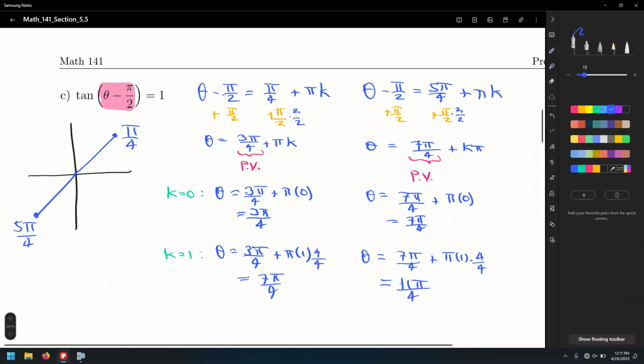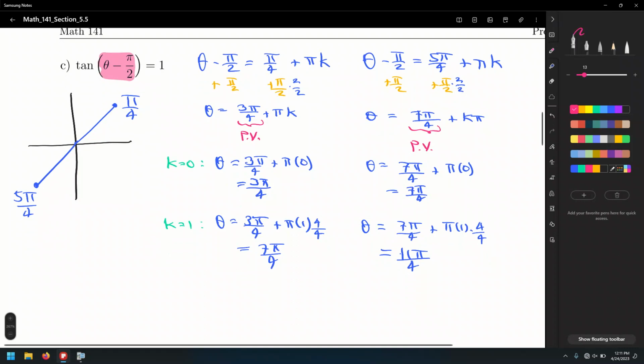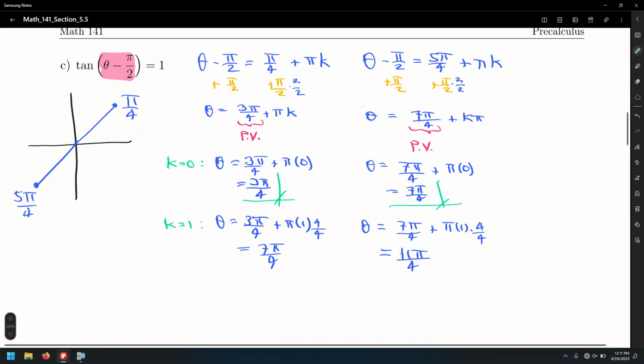So let's stop here and assess the results. Number one, 3 pi over 4 and 7 pi over 4, those are two values within the interval 0 to 2 pi. So that's why we will call them legitimate solutions for our purpose. However, notice the 7 pi over 4 is a duplicate of what we get from the second generating expression for the previous value of k.